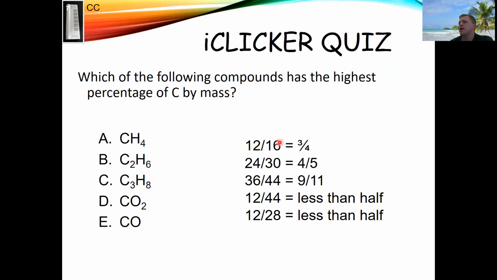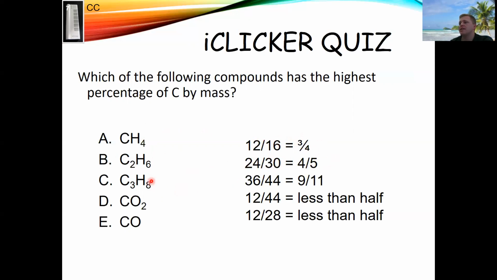The molecular weight here is 16 because it's carbon, which weighs 12, plus 4 hydrogens that each weigh 1. 12 divided by 16 is 3/4. In this next one, we have 2 carbons, so the amount of carbon there is going to be 24 grams, and 24 plus 6 would give us 30. So we have 24 over 30, which is equal to 4/5.